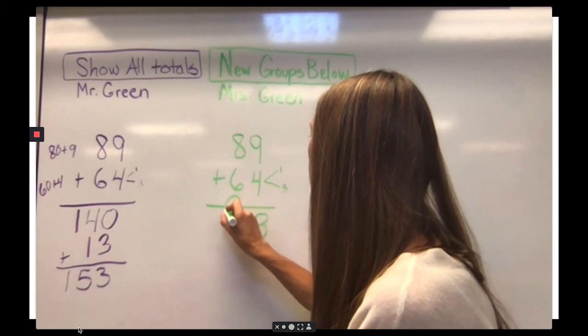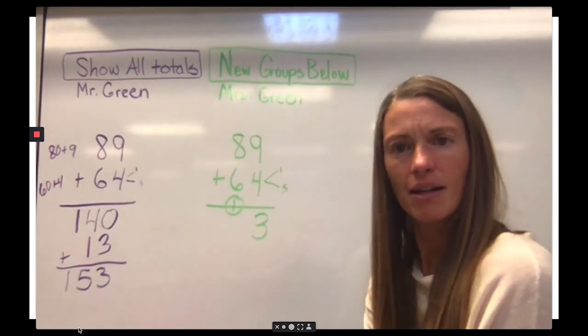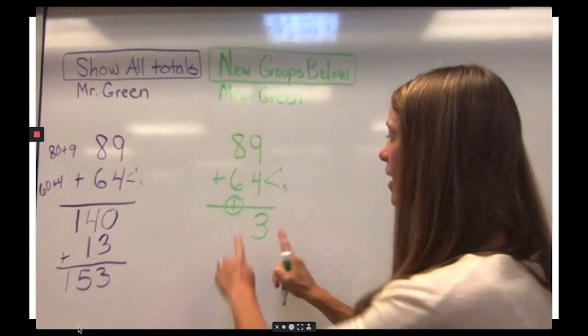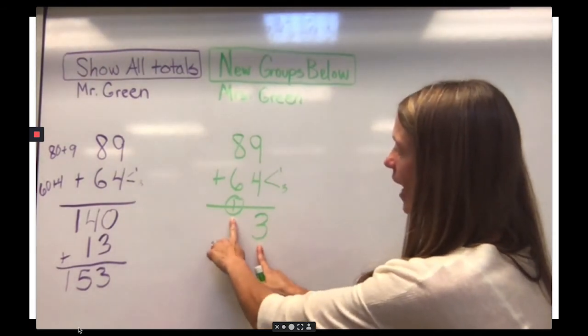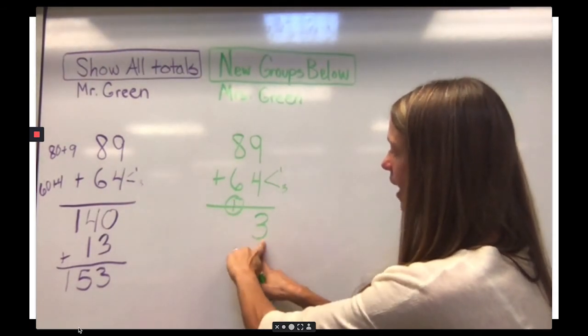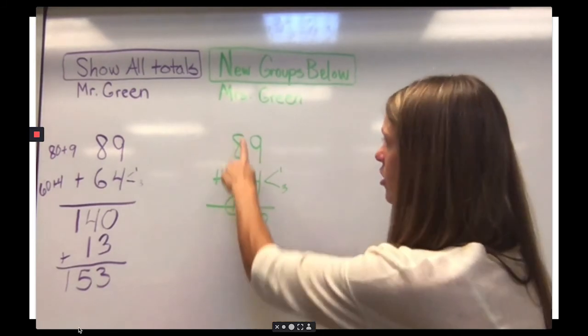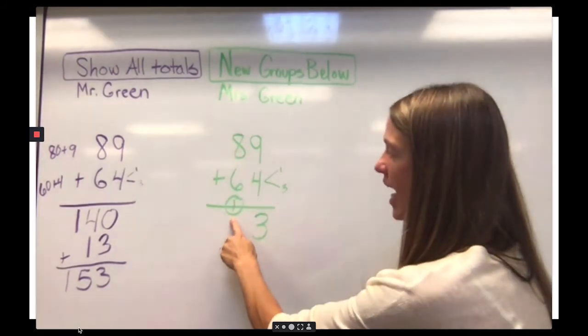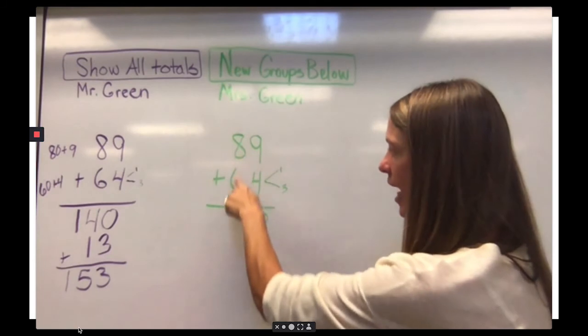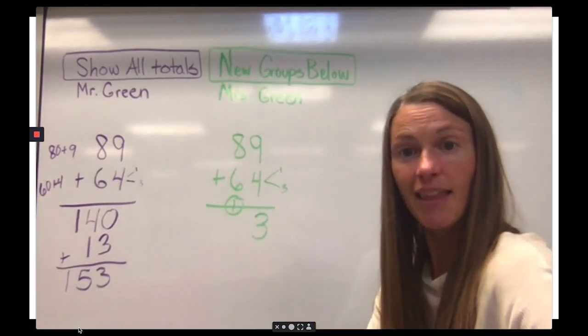And why am I doing this? Because the number 13 has 1 ten and 3 ones. So I added that new group of 10s right here to the 10s that were already there.